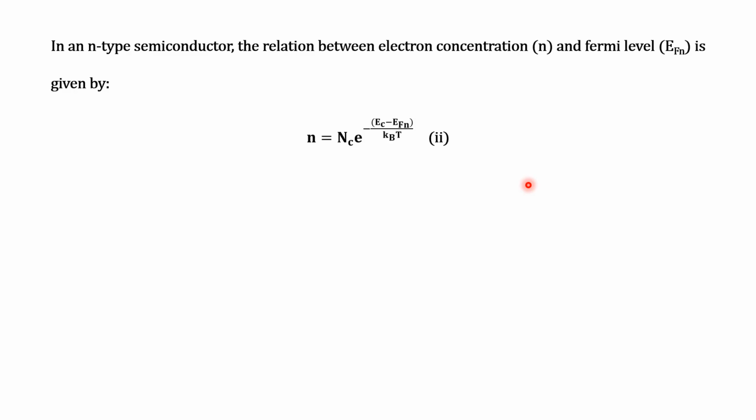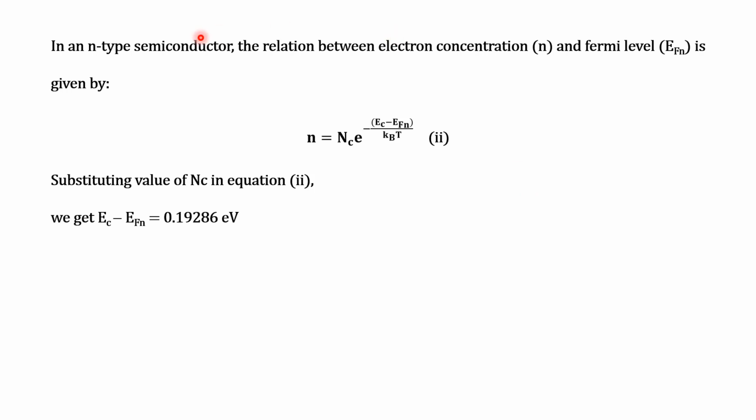So for built-in potential, we know that in an n-type semiconductor, the relation between electron concentration and Fermi level is given by n is equal to root of Nc Nv e power minus Ec minus Efn by Kb into T, but since Nc is equal to Nv, again it becomes root of Nc square, and hence Nc alone.